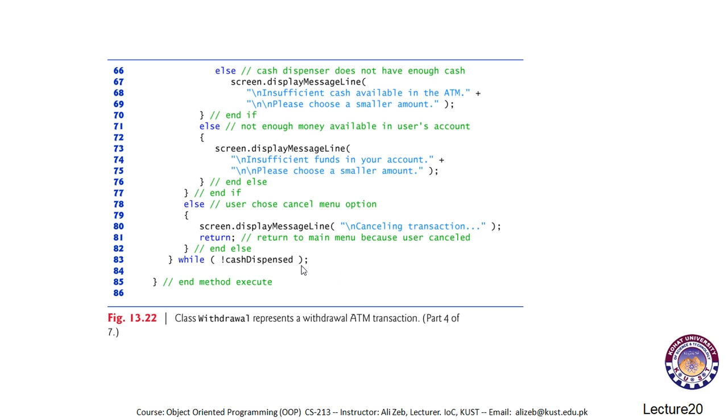Or if the user cancels the transaction, a message will be displayed on the screen. And the loop will go on until the cash has been dispensed. When the cash has been dispensed and this variable becomes true, we will exit the loop, and this marks the end of the execute method.